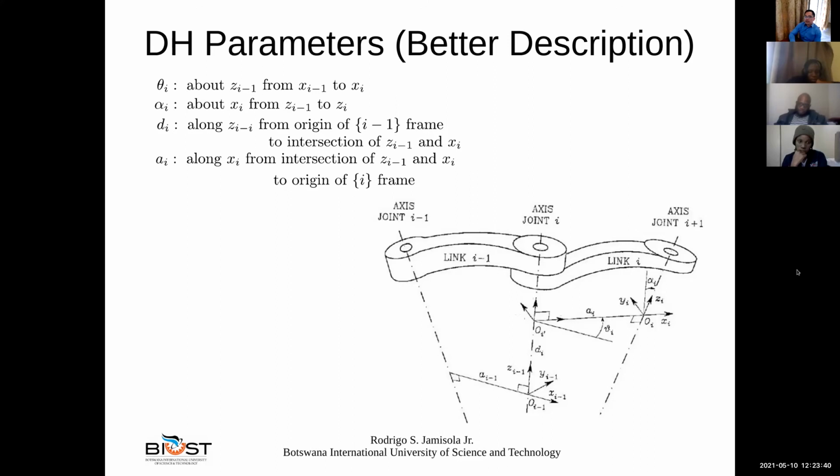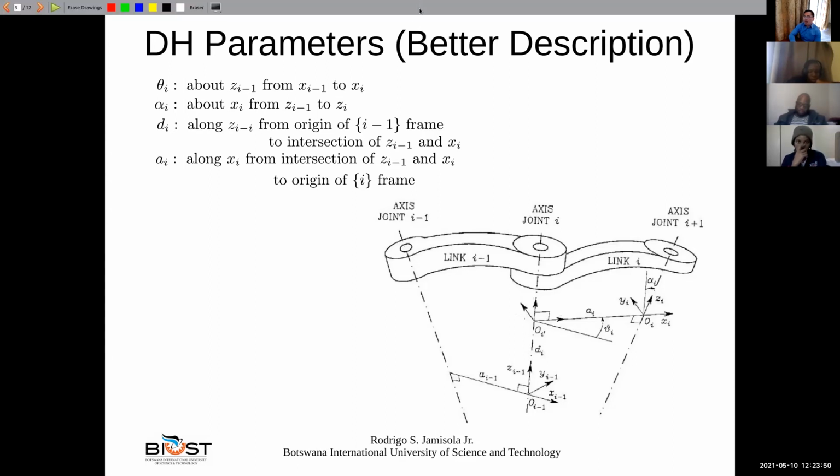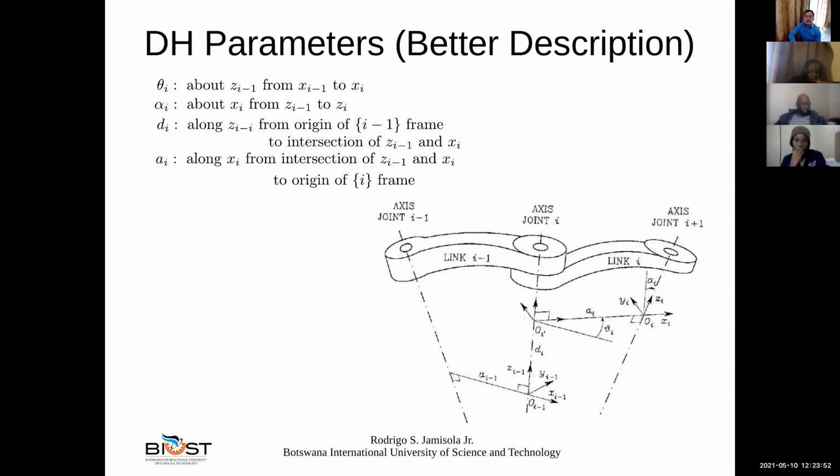So now, after you define your frames, you will be able to define 4 parameters. Why do you need 4 parameters? Again, you need 4 parameters because there are 4 basic transformations that will be done in order to define the relationship of the 2 frames. So in this case, let's concentrate on frame I. We have defined frame I already before.